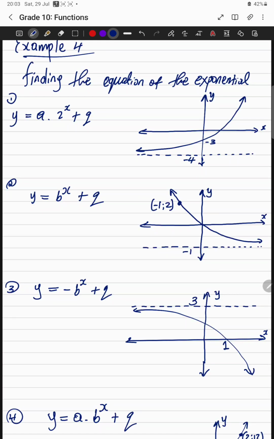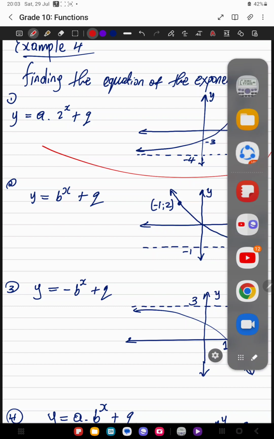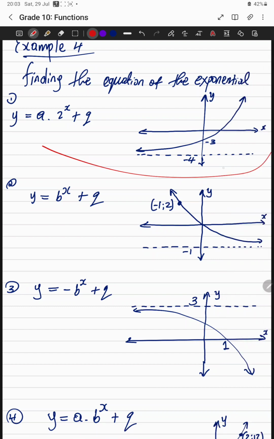In example 4, we'll be determining the equation of the exponential. So what we are going to do here is that in the first one, which is this one, in the place of q, like this one is the same as a hyperbola graph, so q represents the horizontal asymptote, which now is -4.